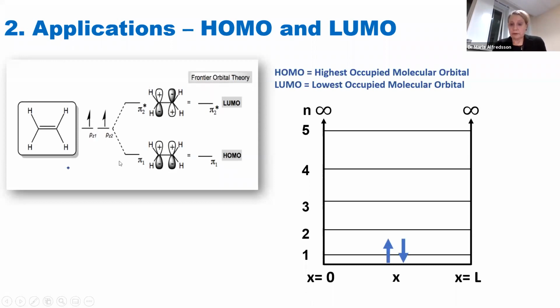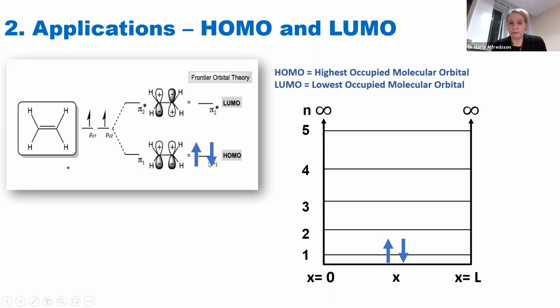So that means we have 2 electrons. If I was going to put those 2 electrons, I would be in the lowest quantum number, n equals 1. That means that these 2 electrons would be in my highest occupied molecular orbital, or the highest occupied energy level.